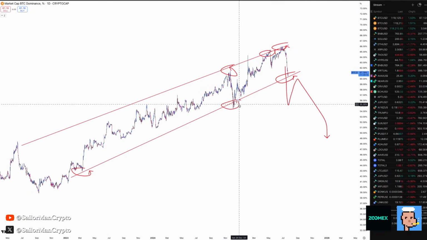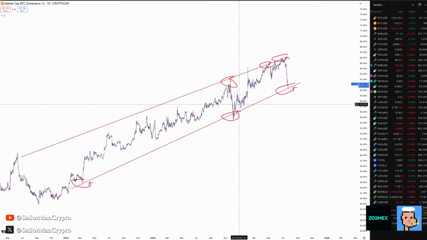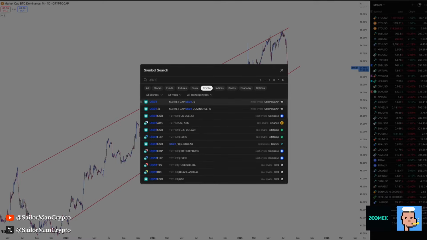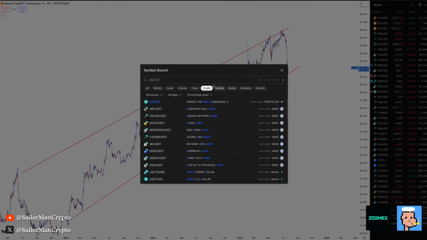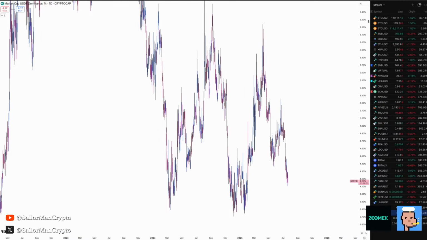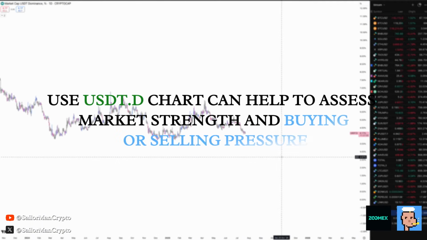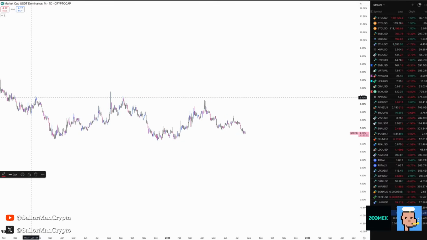But to have an understanding of what the Bitcoin chart is doing, the third chart, to give you a general understanding of what the market is doing and the bias you want to form, is the USDT dominance, so the stablecoin dominance, and again, same exact concept.